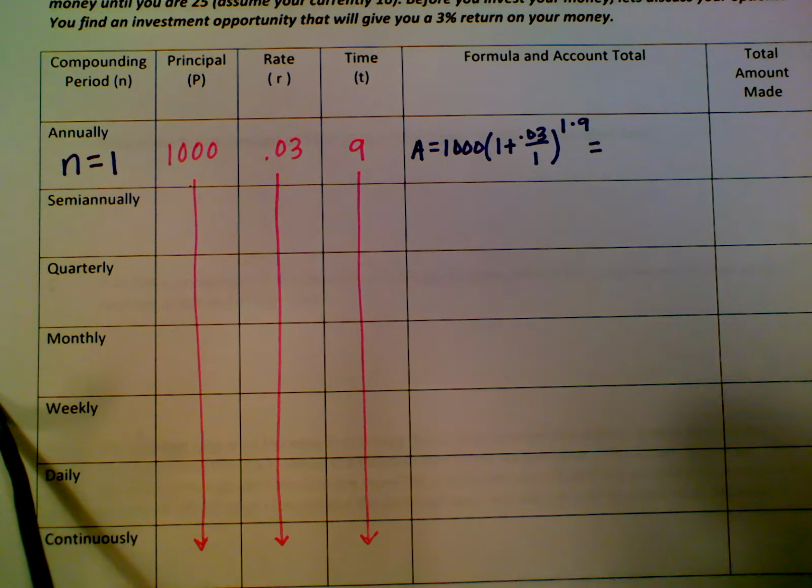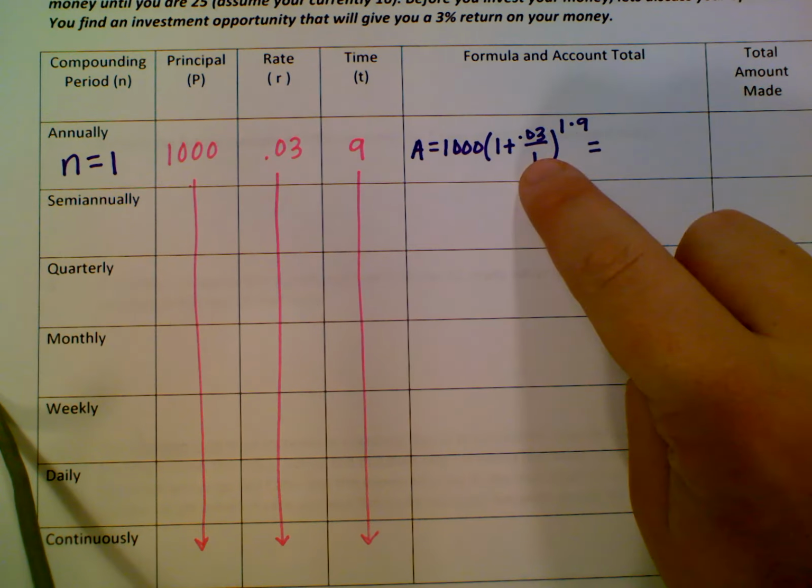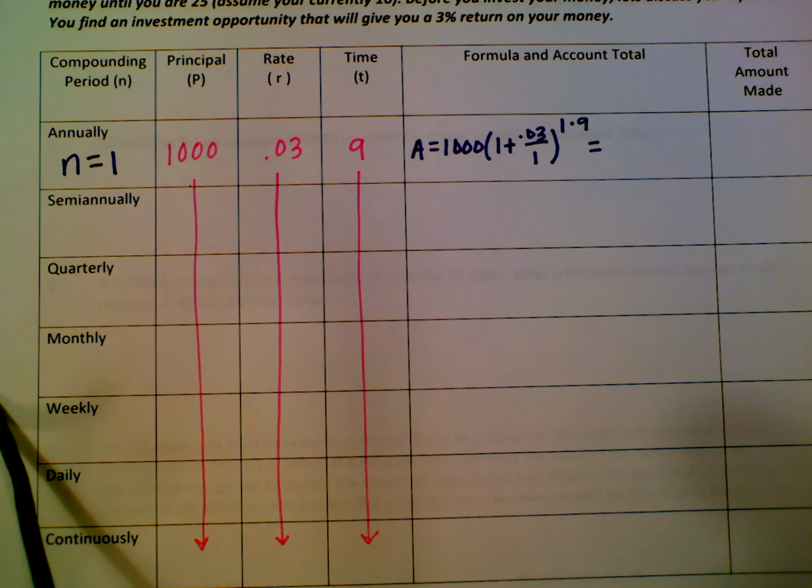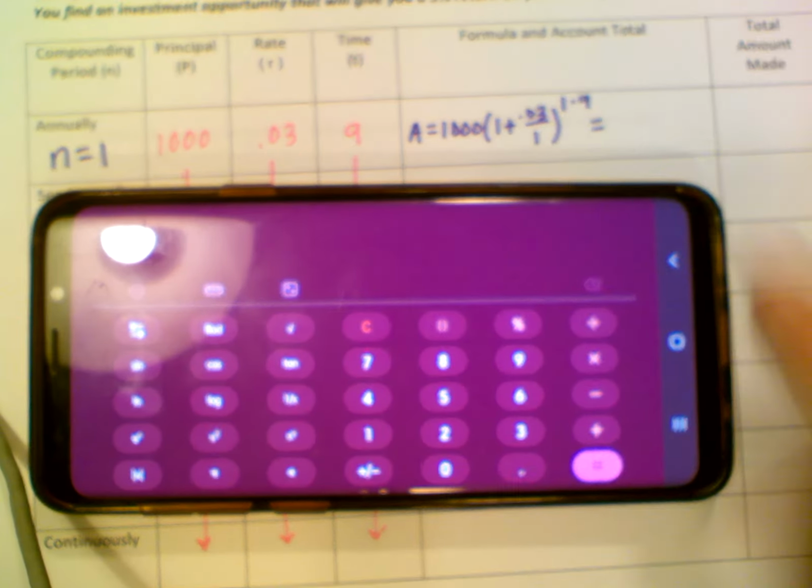So the only new thing in this addition is the divide by 1 here and the times by 1 in the exponent. So grab a calculator either on your phone, you're definitely going to need it, or you can use that one that I posted last week with Desmos, and you're just going to calculate this value.